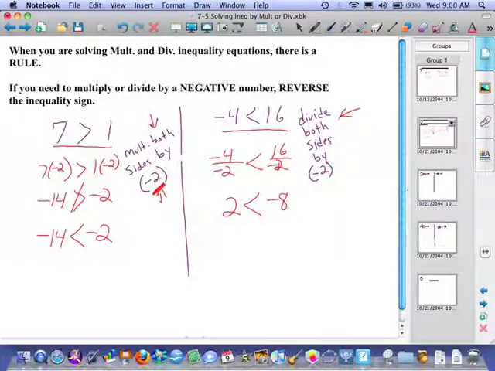And so keeping the original symbol, which was less than, we now have 2 is less than negative 8. That's not correct. So we need to switch the symbol. 2 is greater than negative 8. So on this slide, you can see mathematically why it's important that if you multiply or divide both sides by a negative number, you have to switch the symbol. So very, very important here.